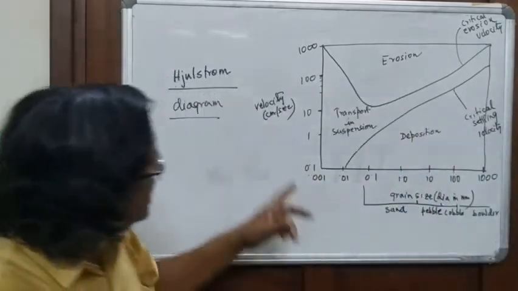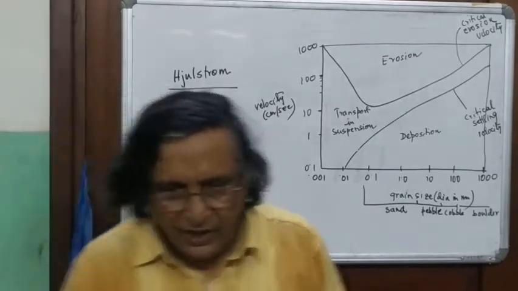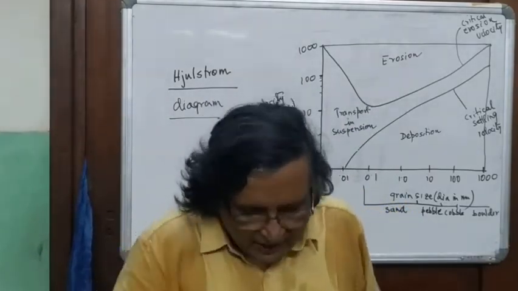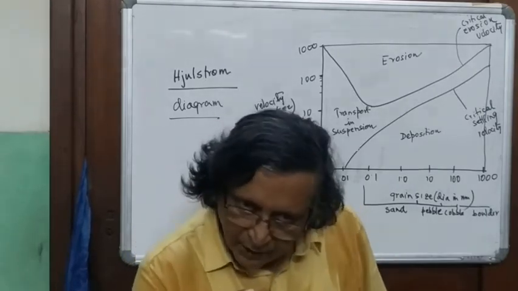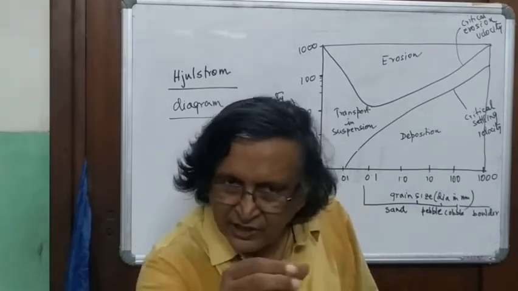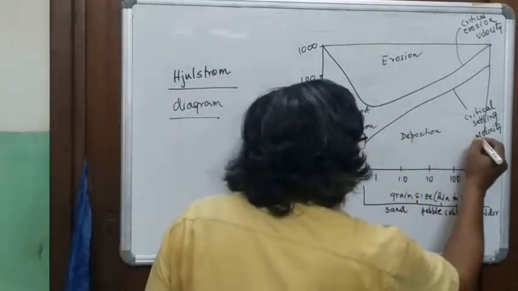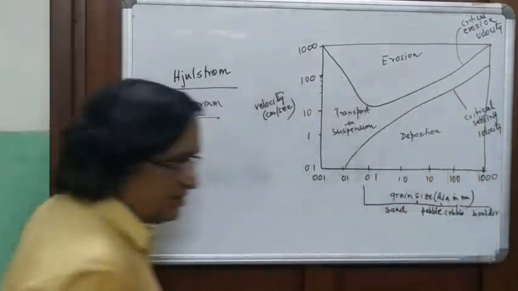And another graph is the critical settling velocity. So you have water with sediments, and depending upon the speed, materials will deposit. So you have the critical settling velocity and the critical erosion velocity.